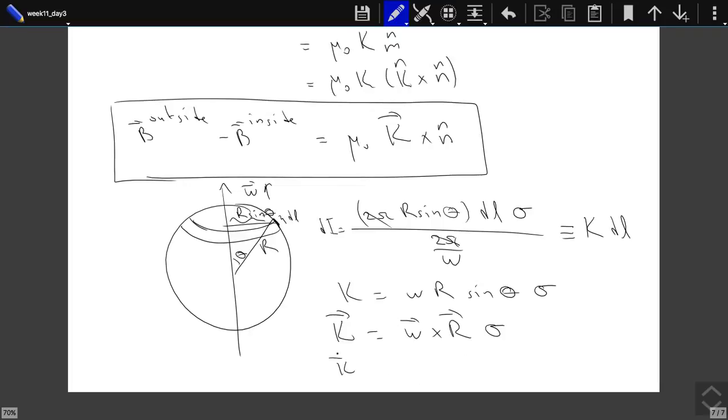Well, you see, k is omega r sine theta times sigma in the phi hat direction. Phi hat is into the screen. You see, at this point, phi hat is into the screen. This is my r hat.